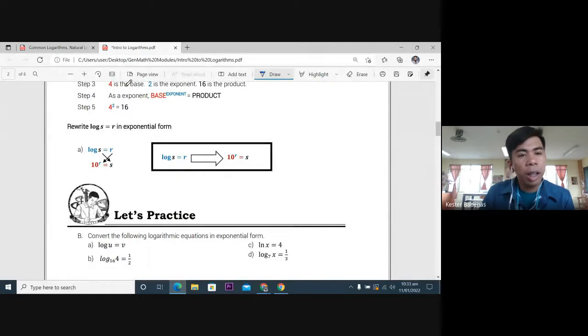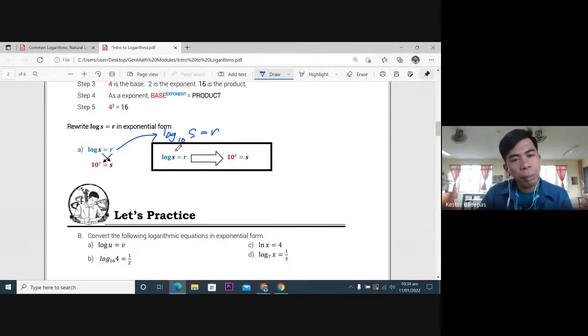So, ito. Logarithm of s is equal to r. Okay, para hindi kayo malito, class, since walang base, i-rewrite niyo muna na may base siya. Logarithm of s with the base 10 is equal to r.